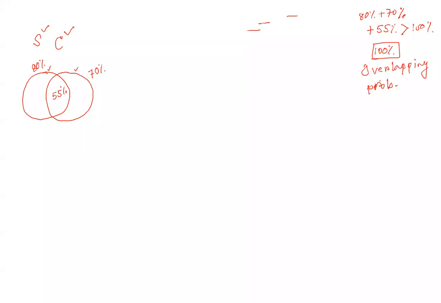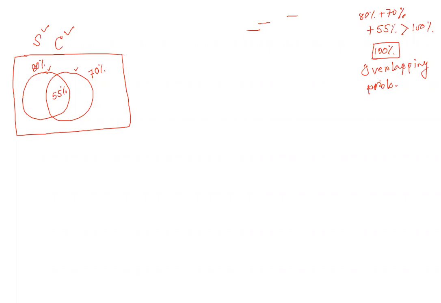The overlapping region between these two circles is 55%. And let's put a big square around it to show that it's everything that could happen in the world of taking the two classes. So all the probabilities. Of course, the diagram is not proportional, it's a sketch.